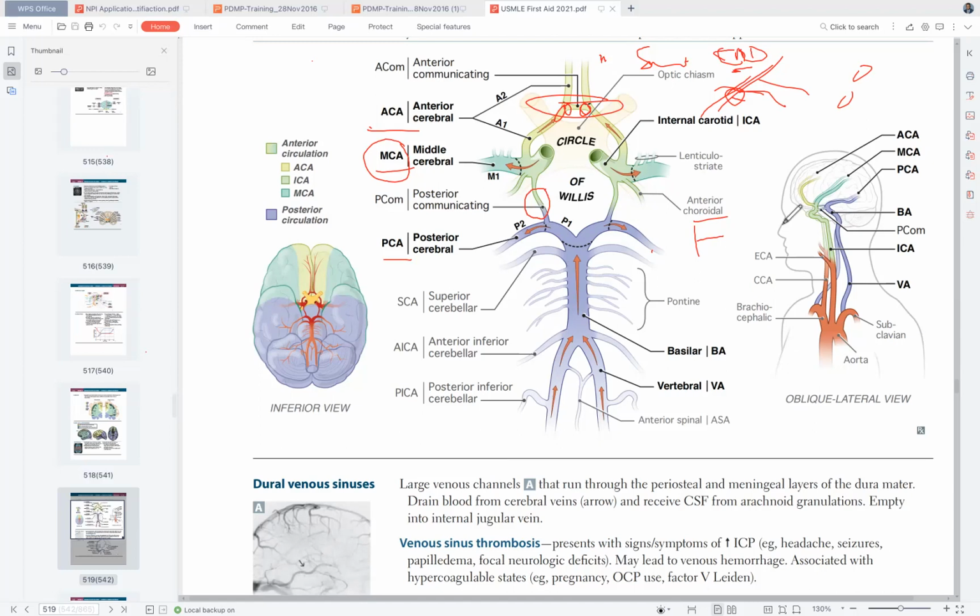Let's see. Do you want to look at it? Yeah, on page 52 in my book.